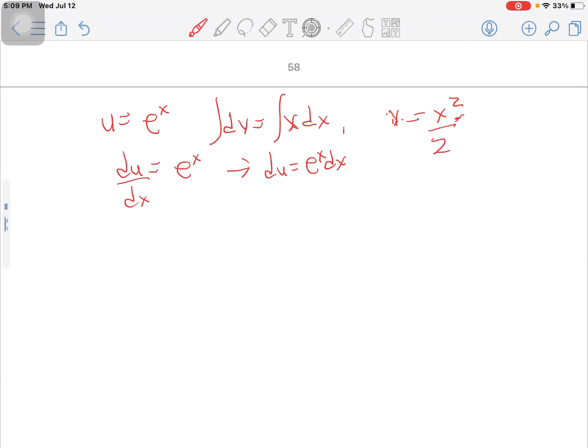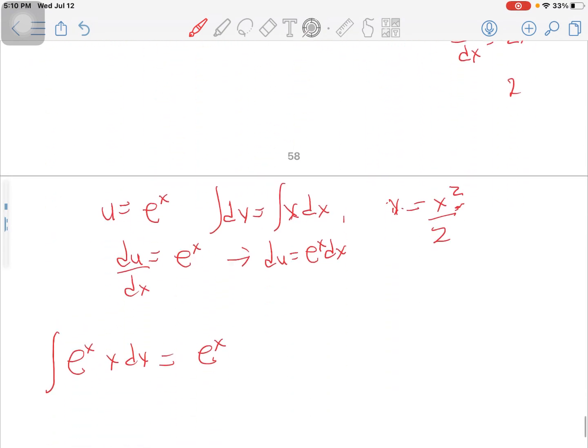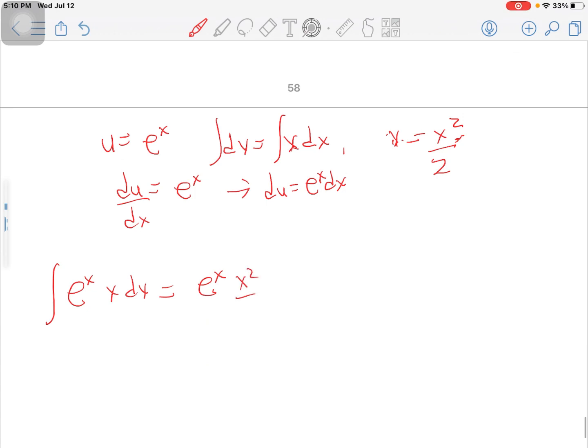So substituting it into the formula, we are going to get the integral of exponent x times x dx is equal to, when we substitute the u, exponent x. When we substitute the v, which is the term in the formula over here, we are going to get x squared over 2. And then minus the integral of x squared over 2 exponent x dx.